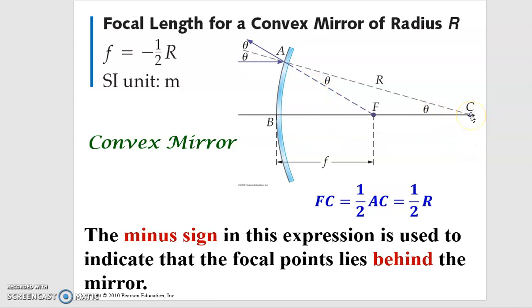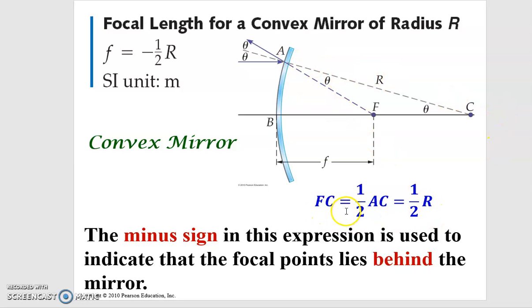Now let's assume the distance from C to the point A, which you can think of as the radius, is R. Then if theta is very small, we can approximate that the lengths AF and FC are basically just 1/2 of the radius.